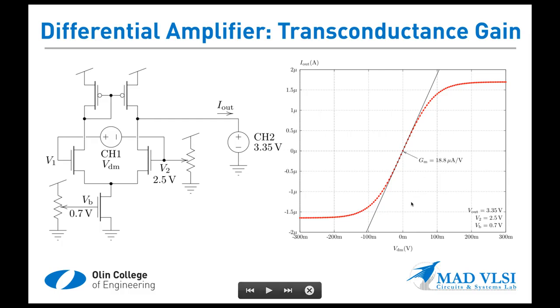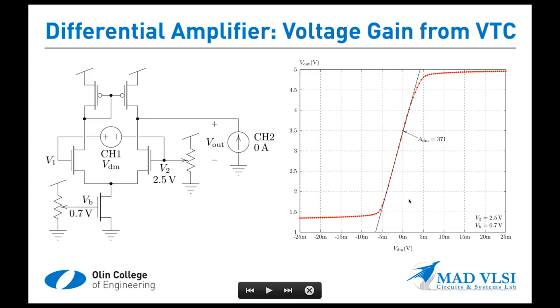Okay, so experimentally here, I have about 365 for the product of my GM times R out, and the direct voltage gain that we got from the voltage transfer curve was 371, which is pretty close. It's about, oh, I don't know, was that a change of about 6 in about 300? That's probably 2%.